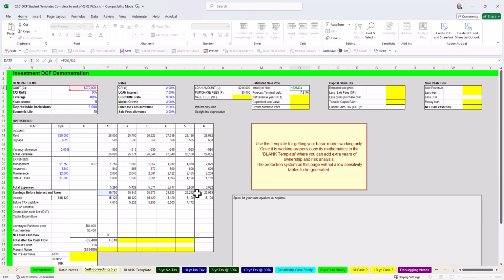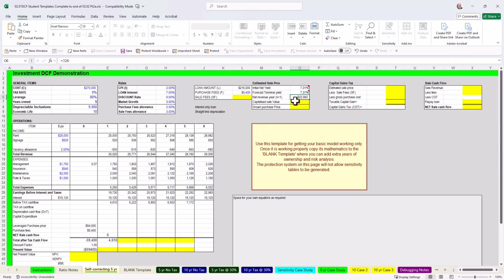And so the like for like, I'll just take that out, come down here, our net revenue down here is equal to the net revenue in year 6. Okay, so we're doing like for like here.